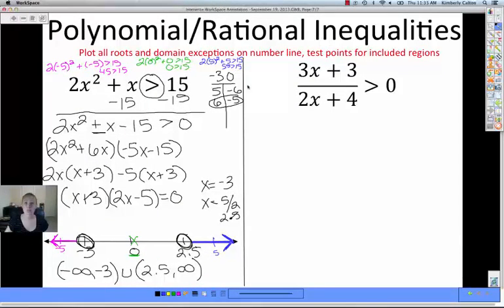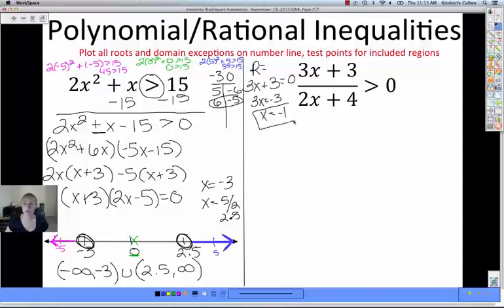Our other problem is a rational inequality, and it has a fraction, which is how I know it's a rational inequality, and we're going to do the same kinds of things. Remember that when we use RADI, the first step is to set the numerator equal to 0, 3x plus 3, and solve. So I have 3x equals negative 3, and x equals negative 1.